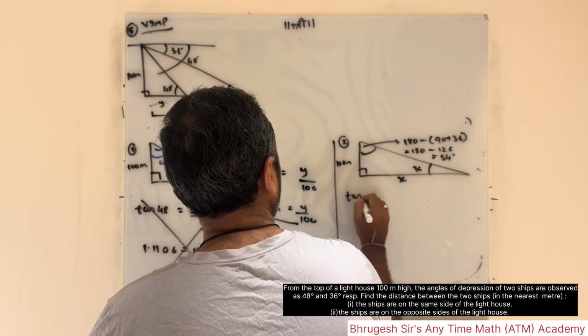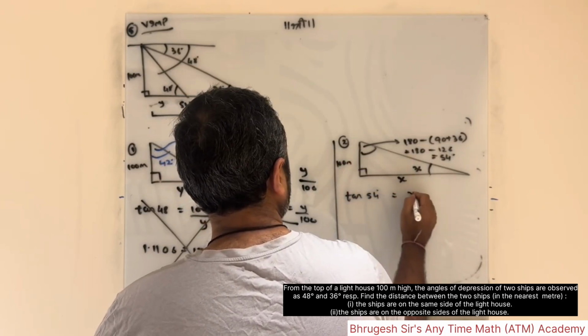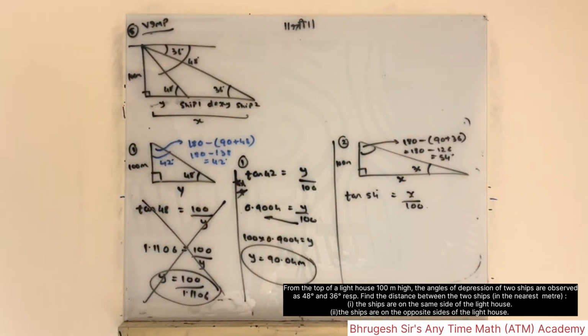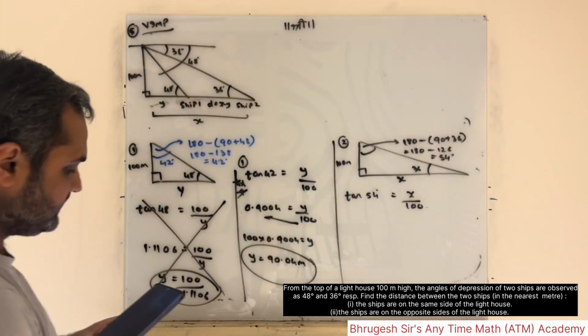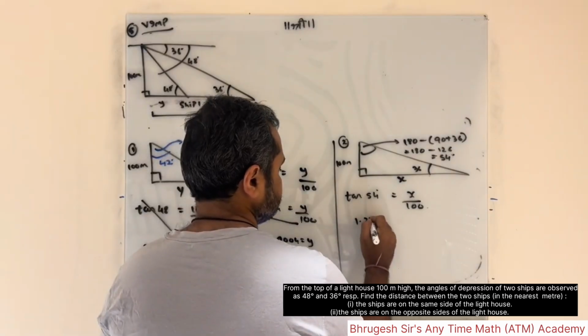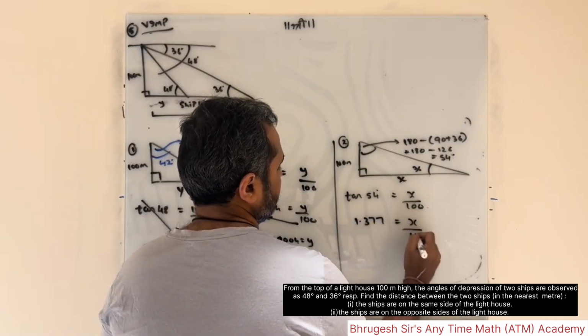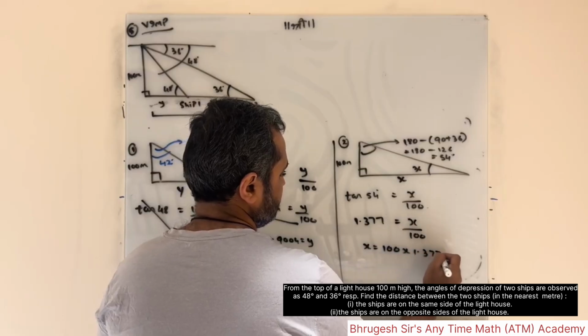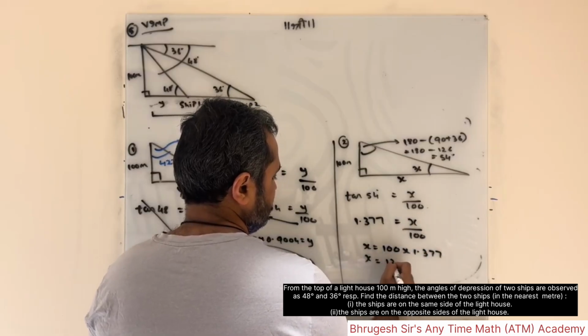I'm going to use tan of 54 degrees. बराबर बेटा, tan of 54 degrees is 1.377. So x is 100 into 1.377, 137.7.